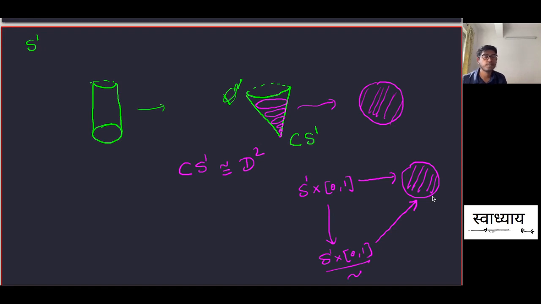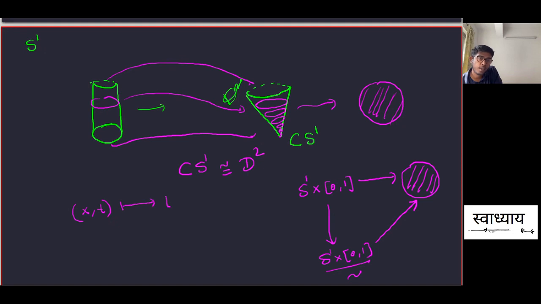Do you have any idea? See what is exactly happening. This circle is going to a point, this circle remains as is, and for this circle the radius is getting compressed. So if I take any point x on the circle and t, I'll send it to tx. And now you see that if t equals 0, this point is 0.